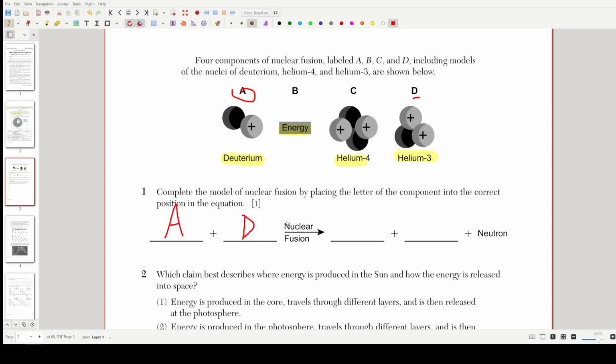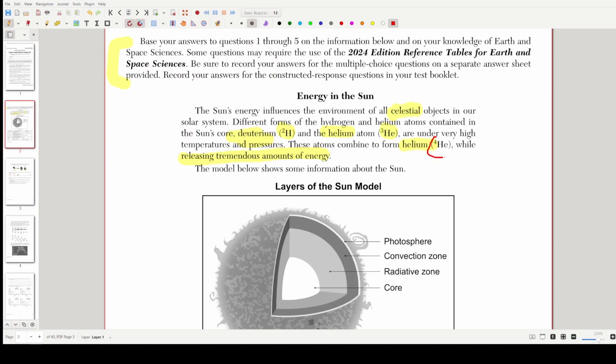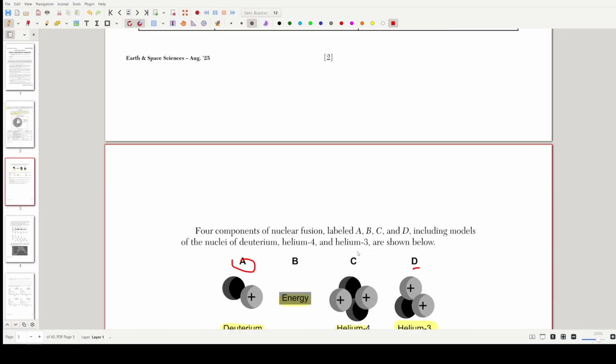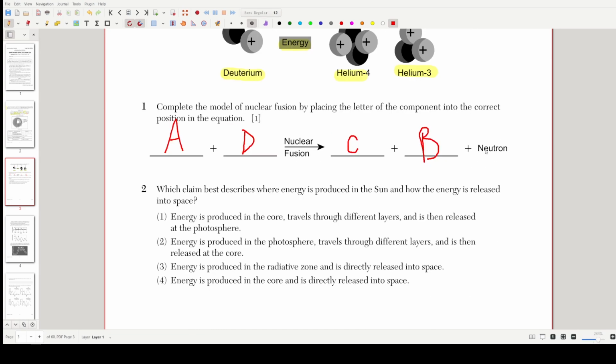And then fusion happens, and it says we're definitely going to release energy. So definitely B. And then that leaves us with C as helium-4. And look, it's right there. So that worked. That question there was literally directly in the reading.